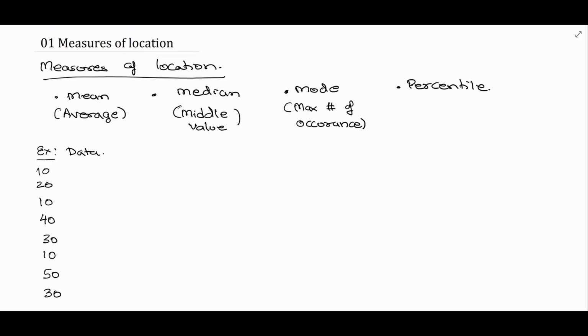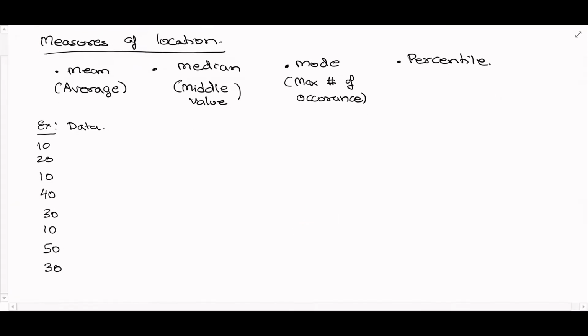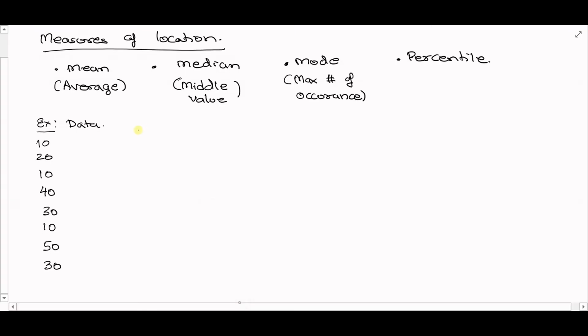So let's take an example. Here's a data set which is 10, 20, 10, 40, 30, 10, 50, and 30, and let's figure out the mean of this data set. We represent mean by x bar for sample, and mu for population, and that is nothing but you take the total of all the individual observations and then divide by the number of observations.